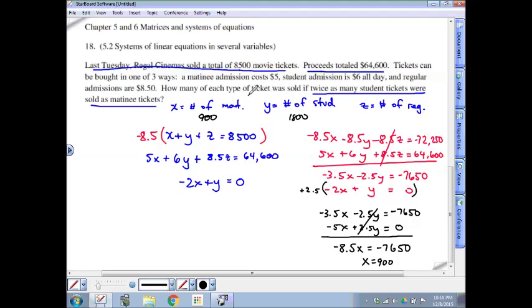And there were only 8,500 tickets sold that day, so if you add 1,800 and 900, that's 2,700. If you take 2,700 from 8,500, you get 5,800.